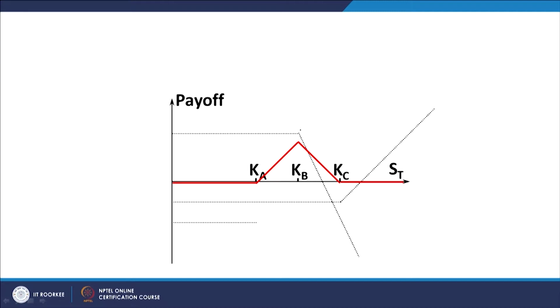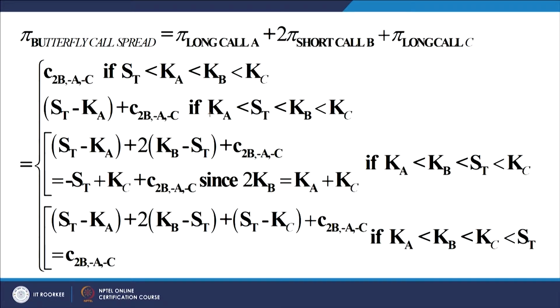Between Kb and Kc, we have two short options and one long option, and therefore there is a residual short option, which is represented by the negative 45 degree line or a negative slope of 1. Then we have the next point where again the payoff turns out to be 0, because all the options are exercised, two long calls, two short calls, and the net payoff is 0. I reiterate, this is the payoff diagram, this is not the profit diagram.